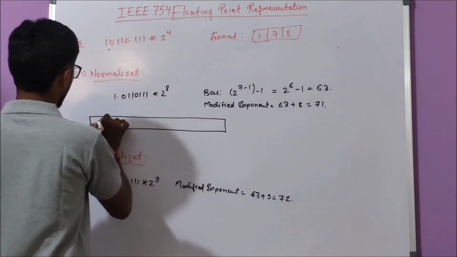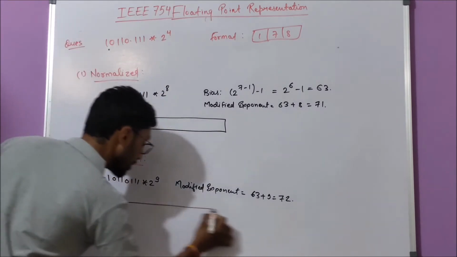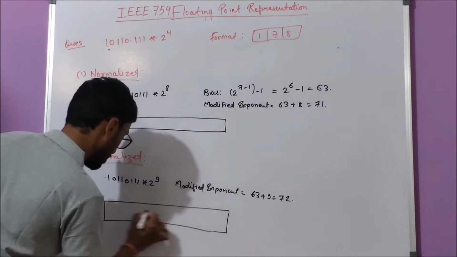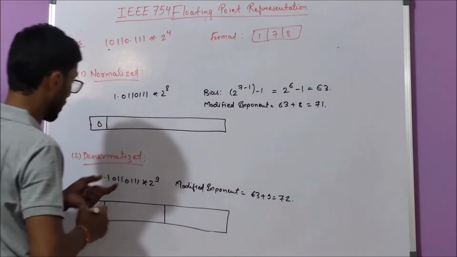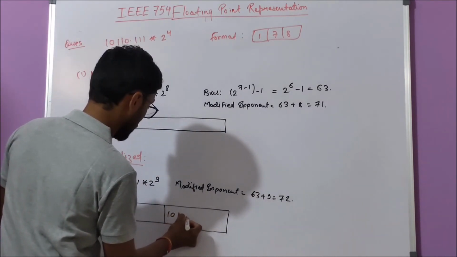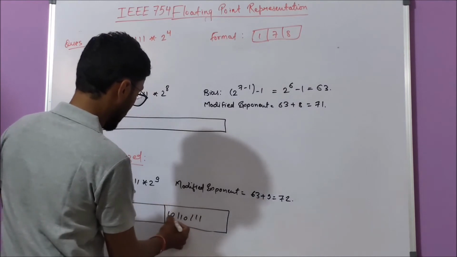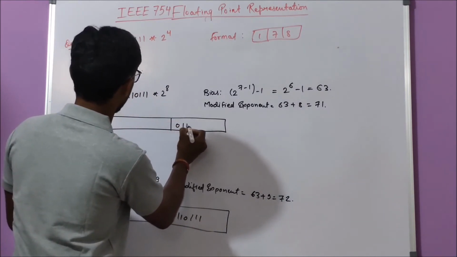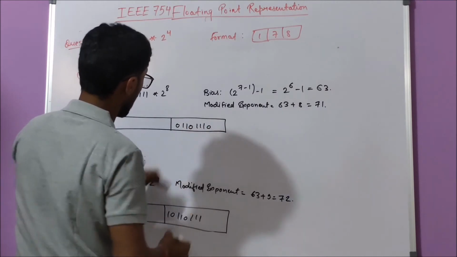Now it is a positive number, so the sign bit will be 0. Let me draw this for denormalized form also, 0. Now putting mantissa 1011011, it is 8 bit, 1 2 3 4 5 6 7 8. Same here, 0 1 1 0 1 0.